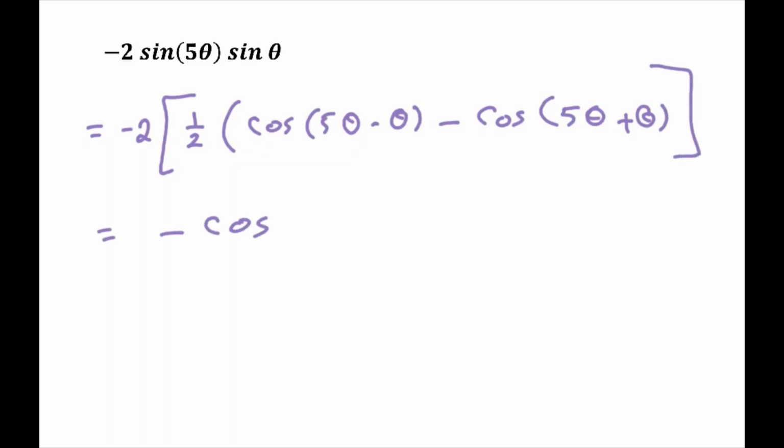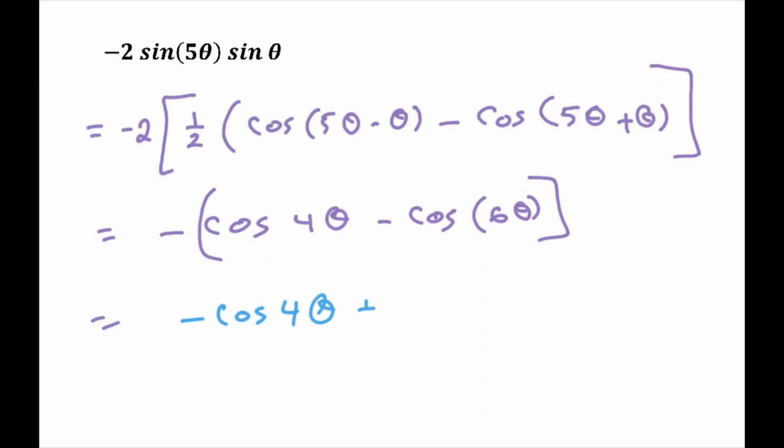Five theta minus theta is 4 theta, and the sum is six theta. Now I'm going to expand the negative.